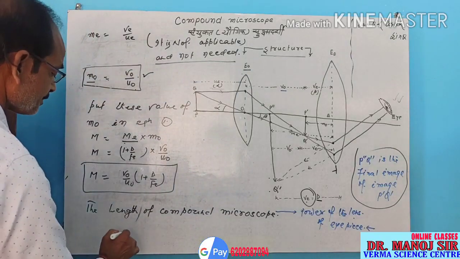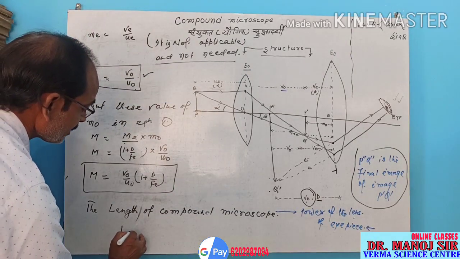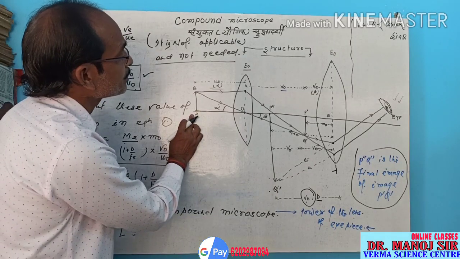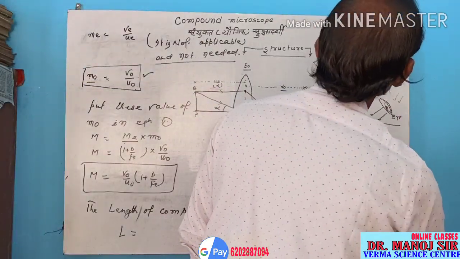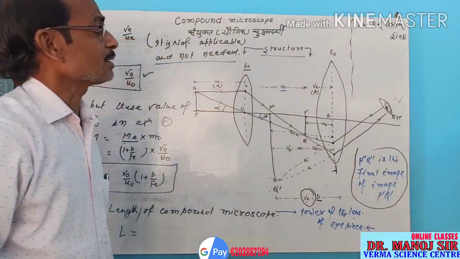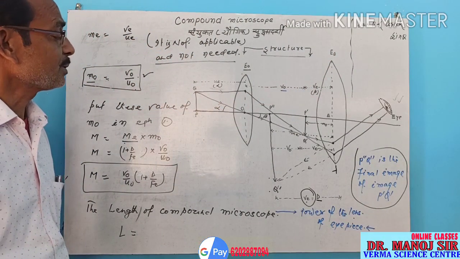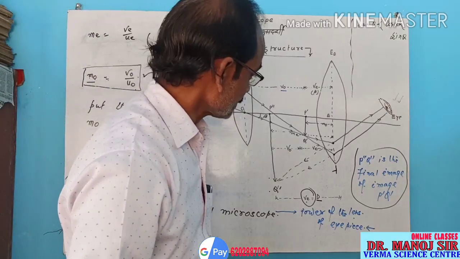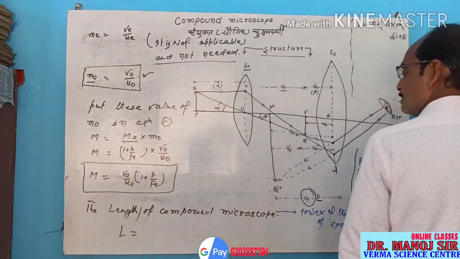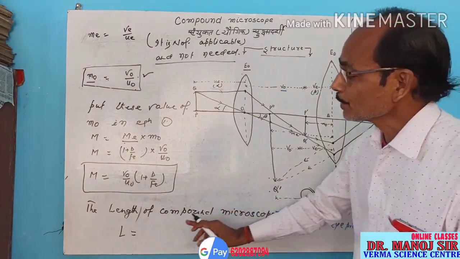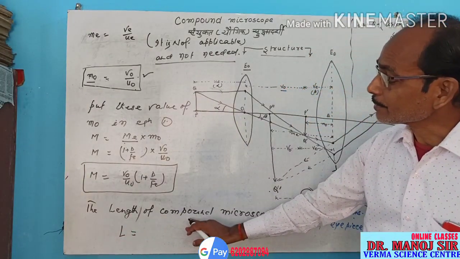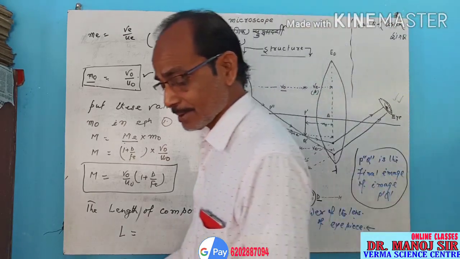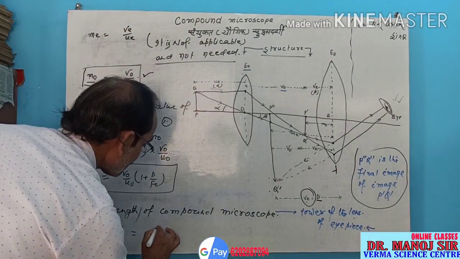L equal to the length from here to here, where the observer is sitting to observe the situation of an object in that optical instrument. Then the length of the microscope is written as VO plus UE.